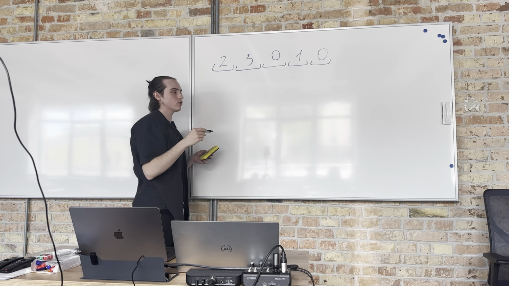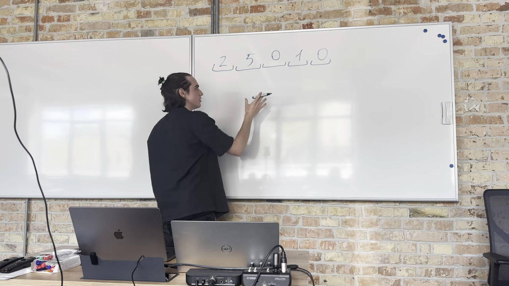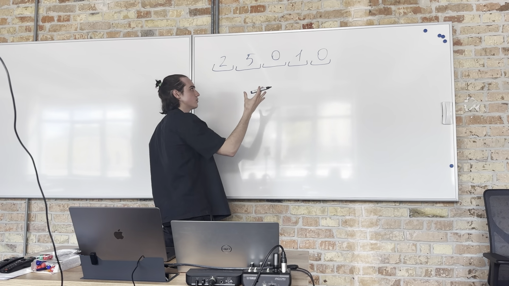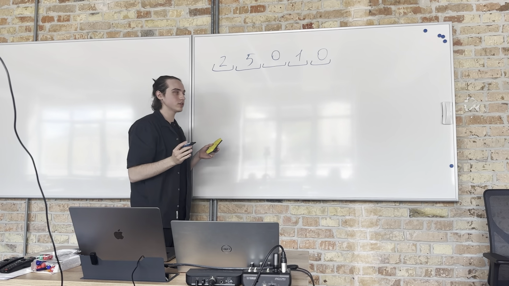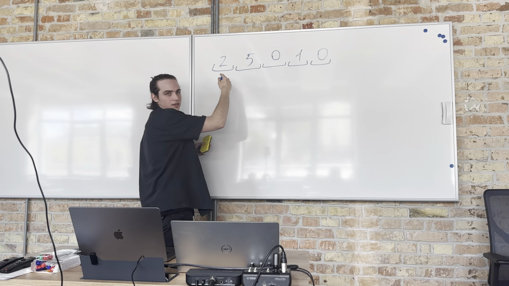In bubble sort we would stop on this operation and just swap them. But in insertion sort, we will continue checking other elements.